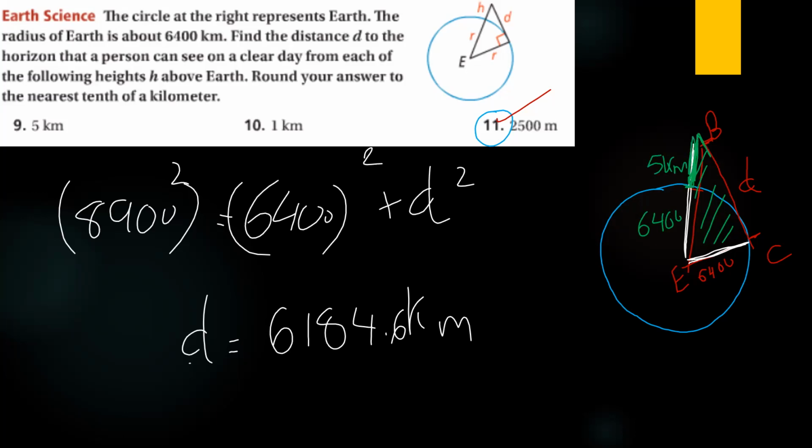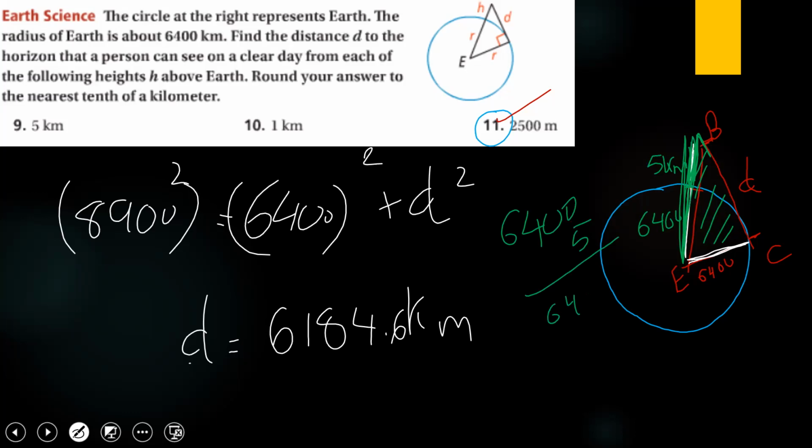So when you want to find the length of the hypotenuse, you have to say 6,400 plus 5. Okay, thank you, teacher. You are welcome. But if you have, say, 2,500, you have to add 2,000. Oh, here it is meters. Yeah, like that I asked you. I solved it as kilometers.